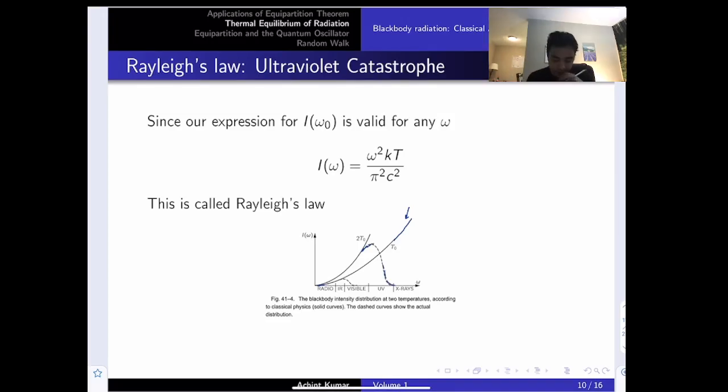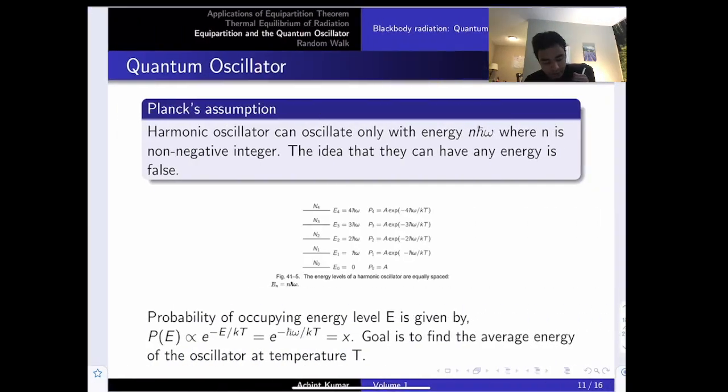So we don't understand this on the basis of classical mechanics, and Planck had to invent quantum mechanics to explain this observation. Okay, so here's how we look at the same problem from a quantum mechanical perspective.